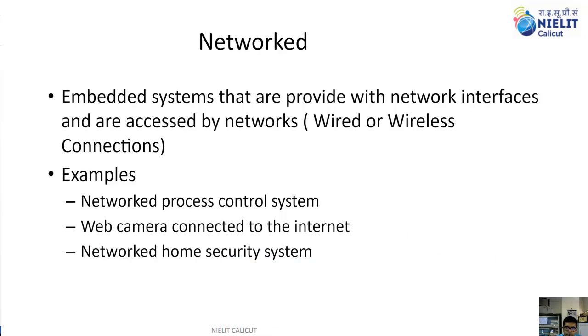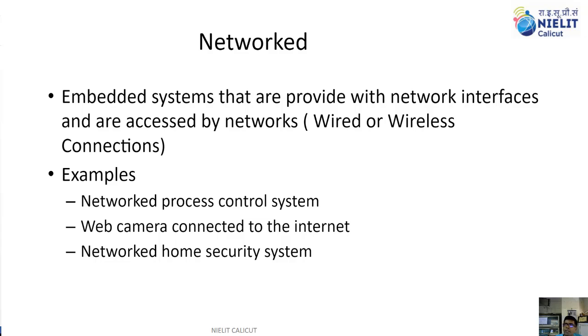These are certain applications. Coming to the networked category, basically these are embedded systems that provide network interfaces and can be accessed by networks. It may be wired and wireless. Modern IoT is a good example of a networked application.